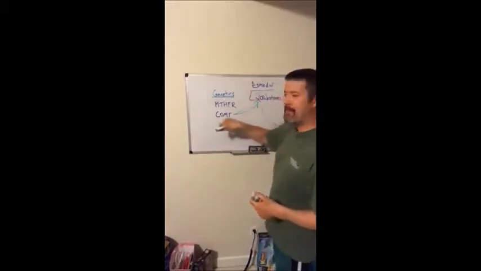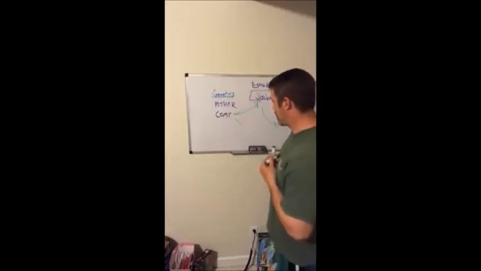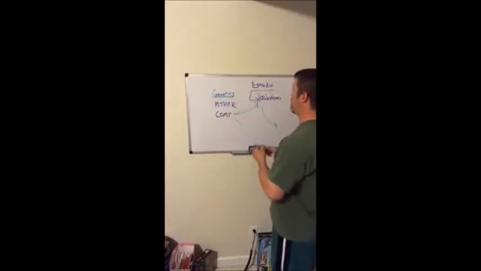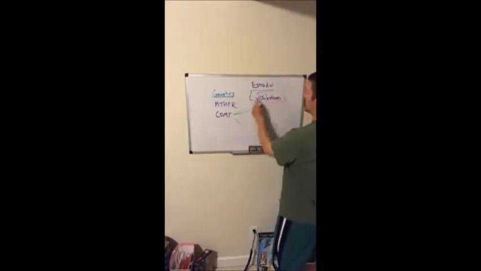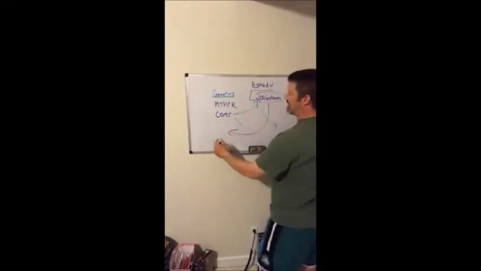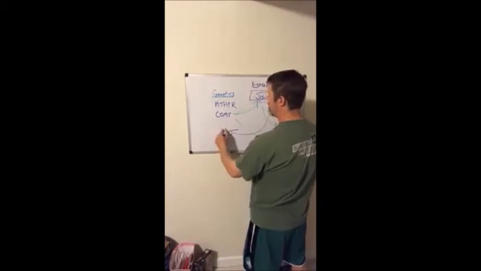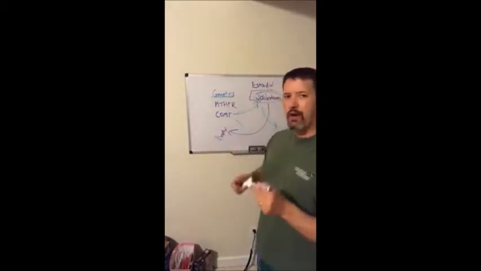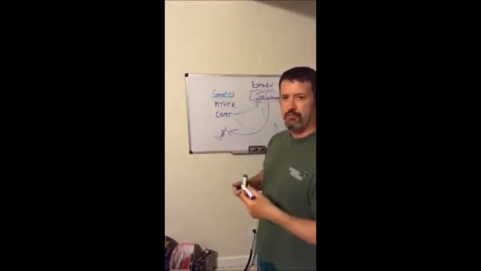When this doesn't happen, we run into a situation where this molecule, which is a waste product, gets recycled back into the body, and the body tries to use it as estrogen.